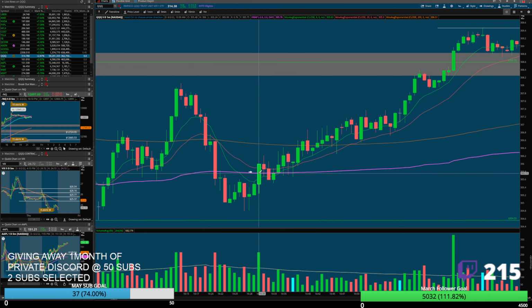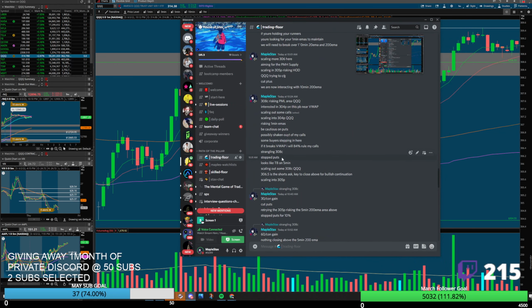So you can see right here, this green candle, 10:30, breaks VWAP, right? I said I will 84% rule my calls if it breaks VWAP because I just got stopped out, right? I took the 308 calls, risking the pre-market low area, and possibly shaken out of my calls.